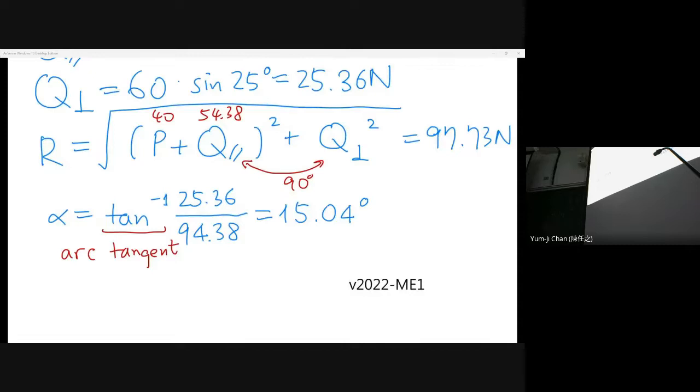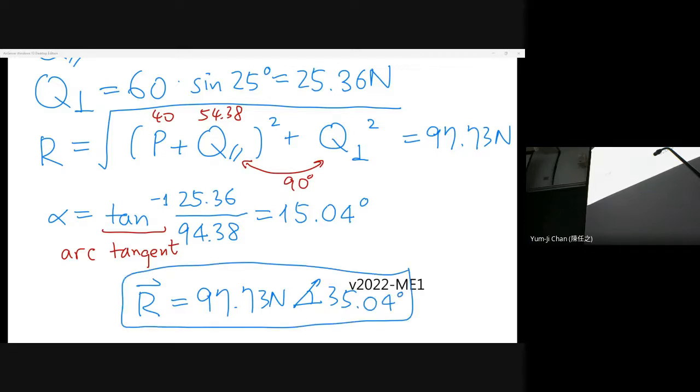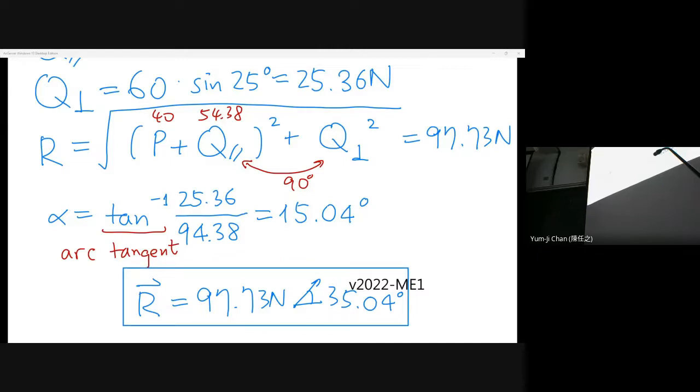And so of course we can get R here. Of course, the answer is the same as we got last time, but we use a different method to work on the same problem.